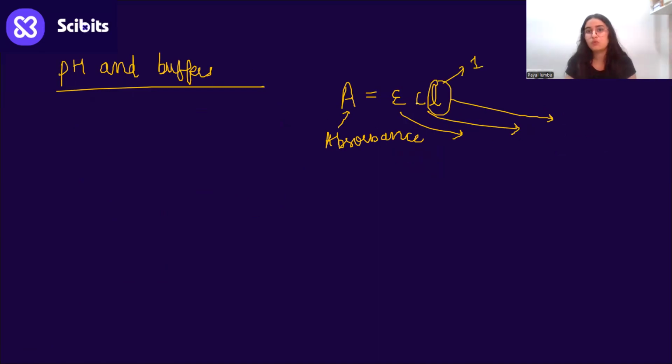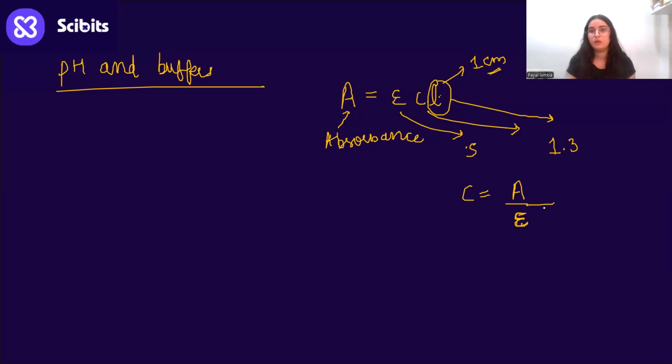They usually ask, let's say for a DNA, the absorbance was 1.3 or something, and the molar extinction coefficient is, let's say, 5, and find the concentration. So you will take l as 1 centimeter always, and for concentration you do A divided by the molar extinction coefficient.